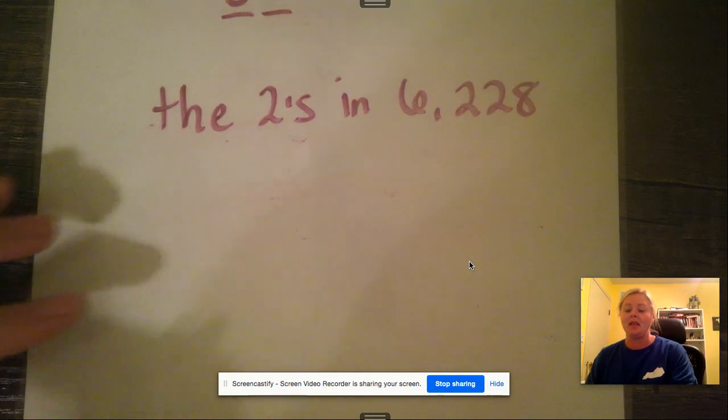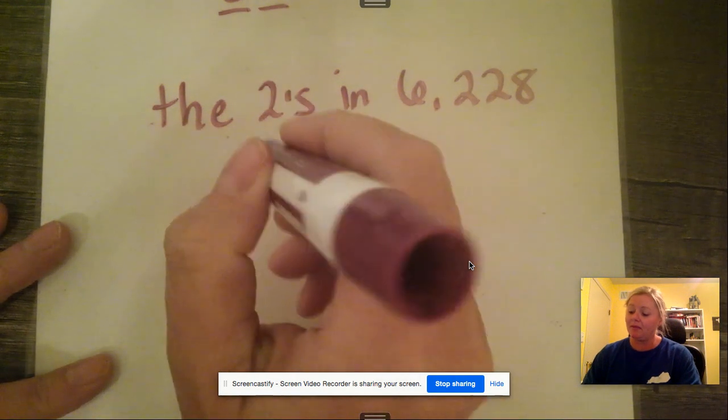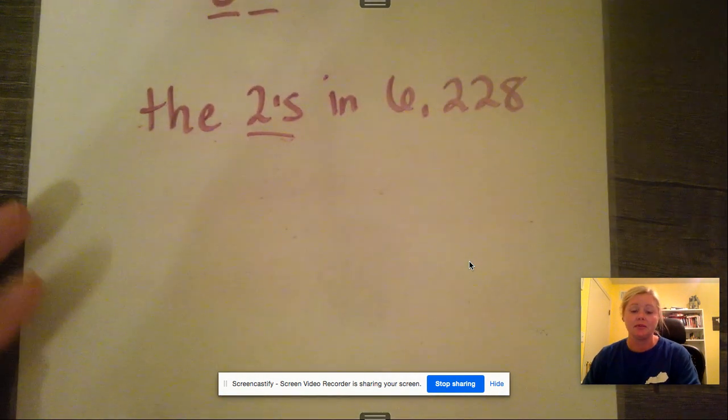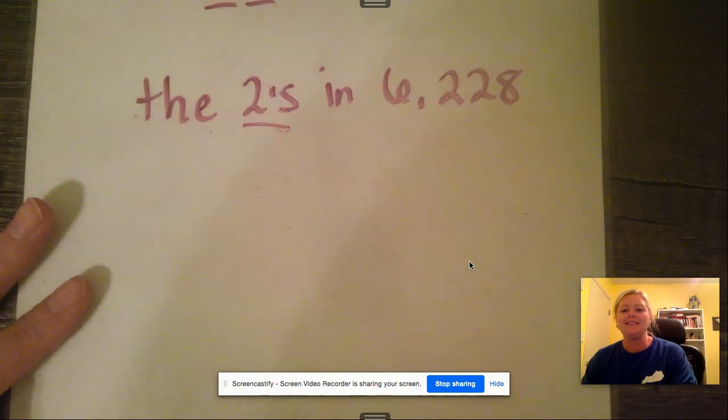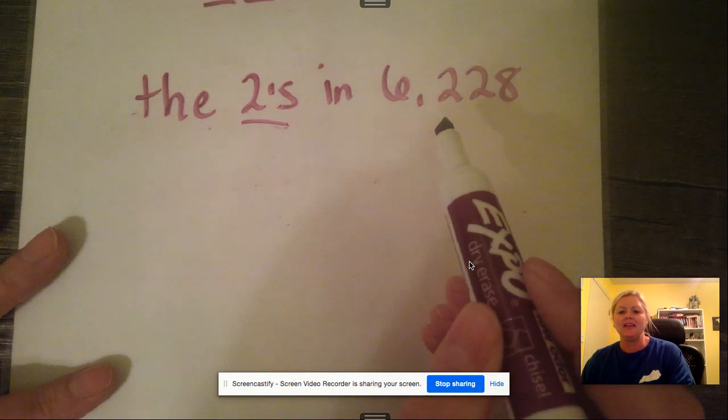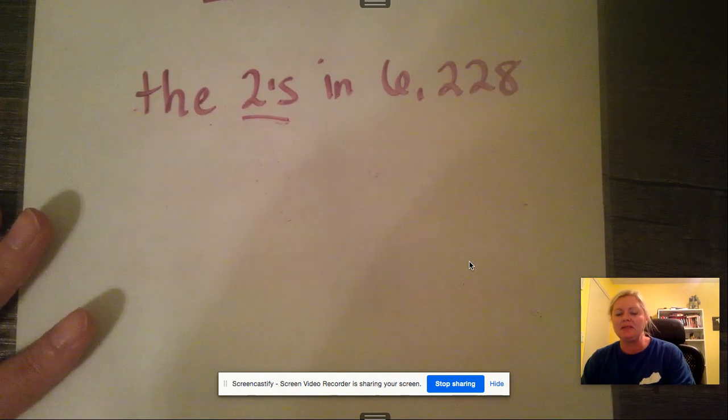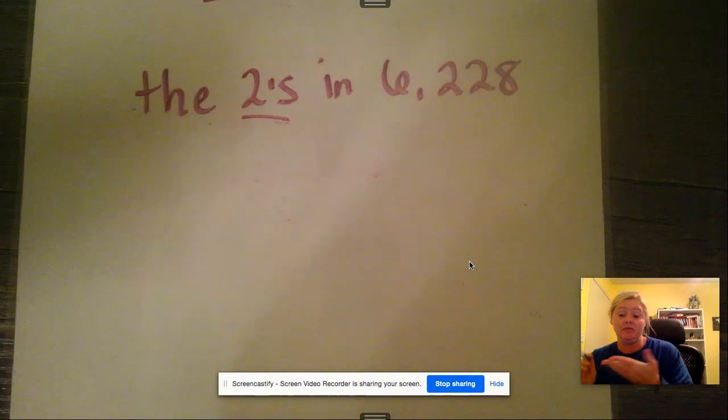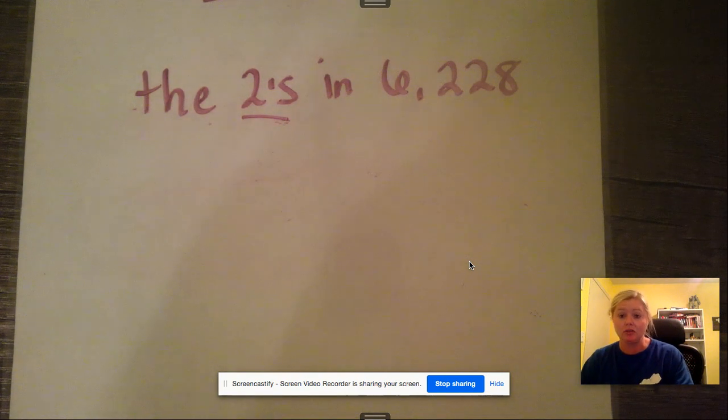Okay? First, this is telling me I'm comparing the 2s. That's what I'm going to compare. What's the value of each 2? Think about the place value. If you need to, flip your paper over and write it out.